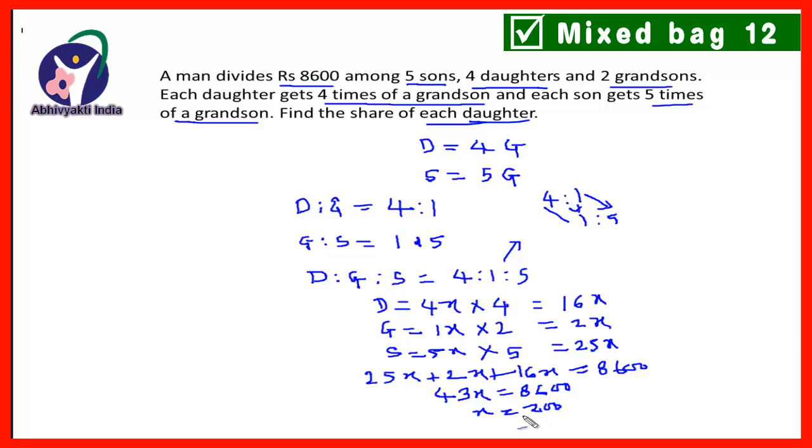Since x is 200 and the daughter's share is 4x, the daughter's share will be 200 into 4, which is equal to 800. So the daughter's share is rupees 800.